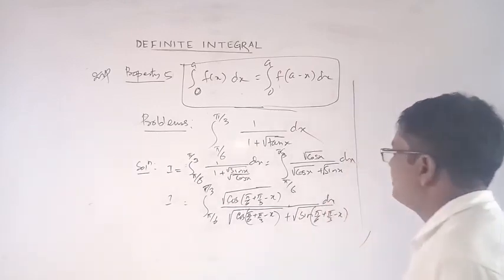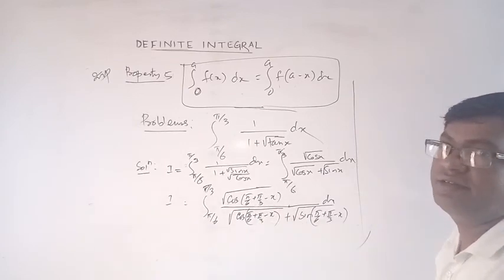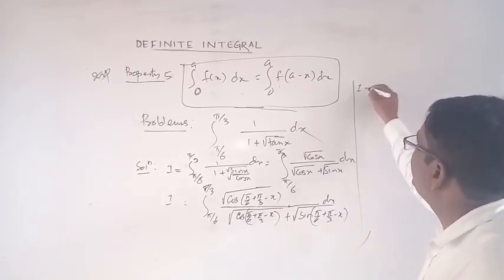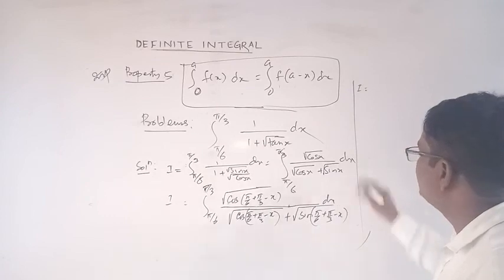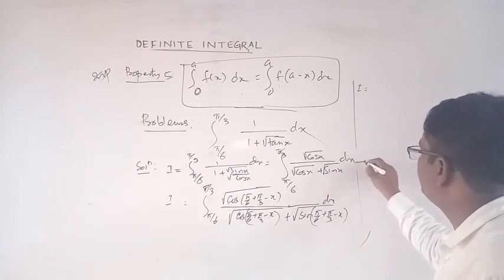So what happens here? cos of 90 minus theta is sin theta. This is equation 1.